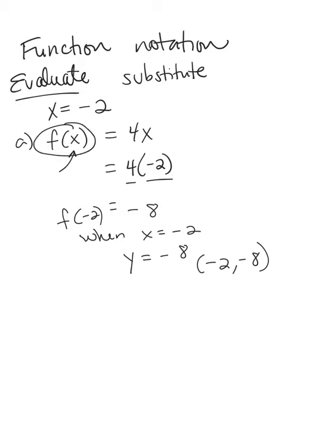So can we try b together? What am I going to plug in for x for b? -2. So -2 times -2 plus 1. What's -2 times -2? Well, I want -2 times -2 first.